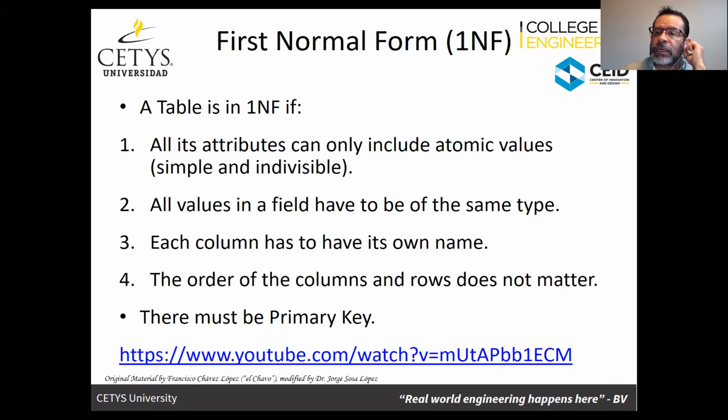Now, let's talk a little bit about the normalization forms. Normalization forms are the different stages we're going to be using to validate, or normalize, the tables. And it's an incremental process. These are called normal forms.